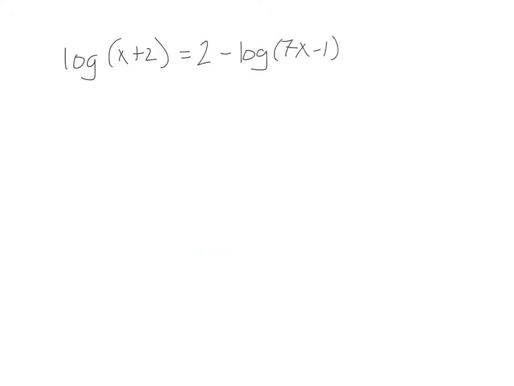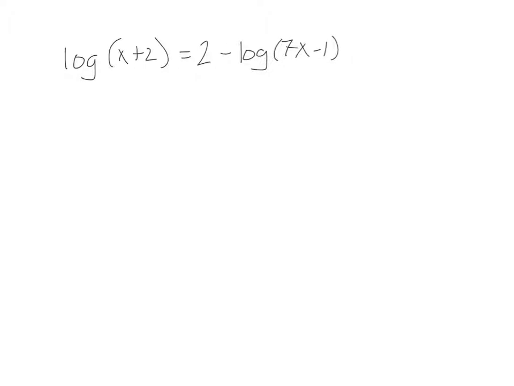So if we look at this one, we can't just equate the arguments because we have a logarithm on one side, but then an integer and a logarithm on the other. So we somehow have to simplify it to the point where we have just one logarithm on each side.